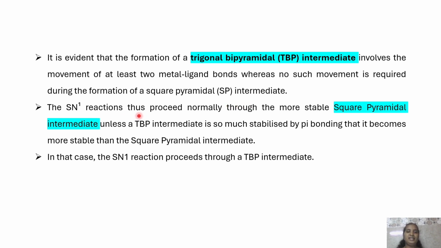So SN1 reactions generally proceed through the most stable intermediate, which is the square pyramidal intermediate, unless a trigonal bipyramidal intermediate is much stabilized by pi bonding, then it becomes more stable than the square pyramidal intermediate. SN1 reactions proceed through a trigonal bipyramidal intermediate if that intermediate is stabilized by pi bonding.